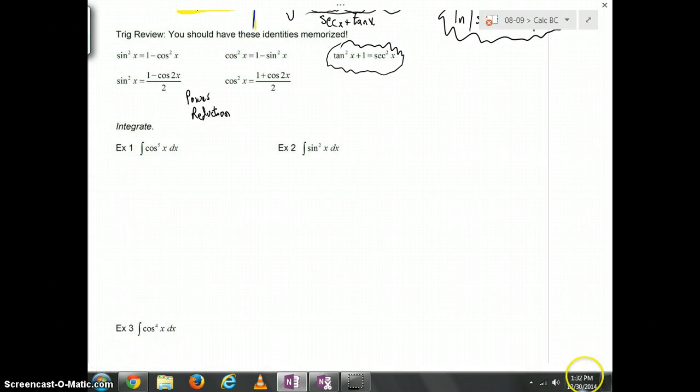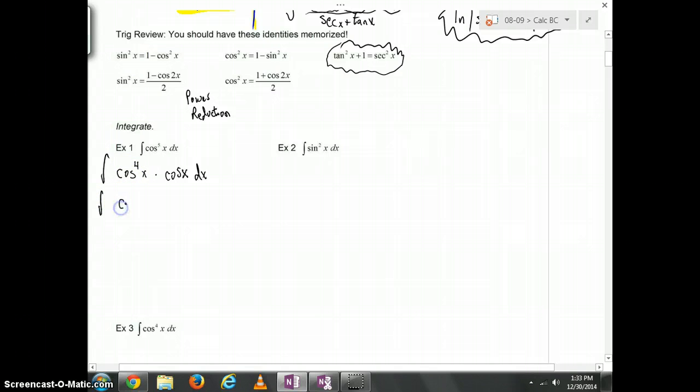Here's something that I'd like to suggest. Whenever you have an odd power for sine or cosine, we're going to talk about this more in a moment. Odd powers of sine or cosine, here's a wonderful suggestion. Take an odd factor out, take out a cosine of x or whatever it may be out to the side. And once you see that, it might look like you've made the problem a little bit more complicated by doing that, but you're about to turn it into something much, much nicer.